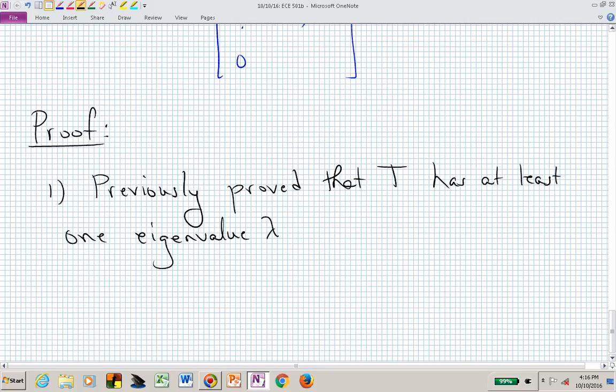We previously proved that T has at least one eigenvalue lambda and the eigenvector associated with that lambda, let's say V.